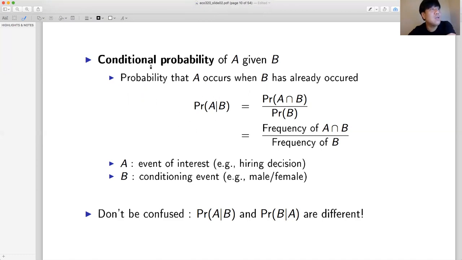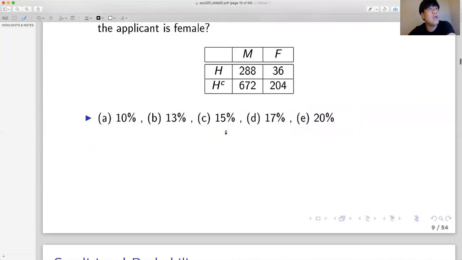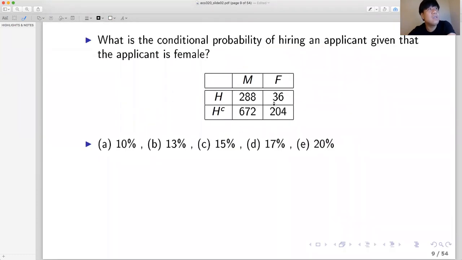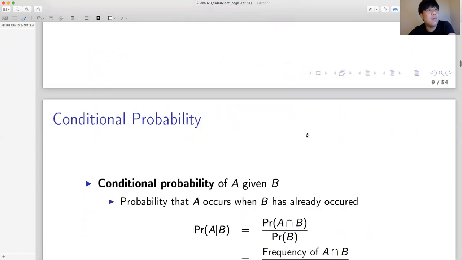That is conditional probability: the probability that A occurs when B has already occurred. B occurred first, then A occurred second. Like the previous case, conditioning on they are female, what is the probability of being hired?